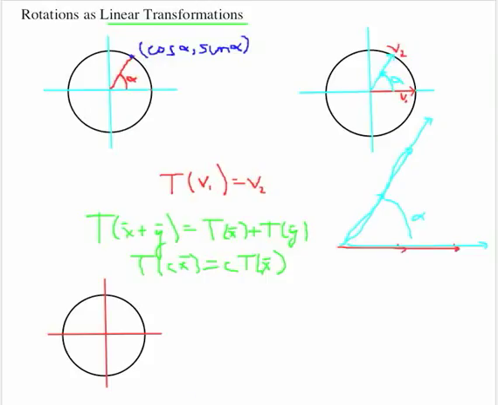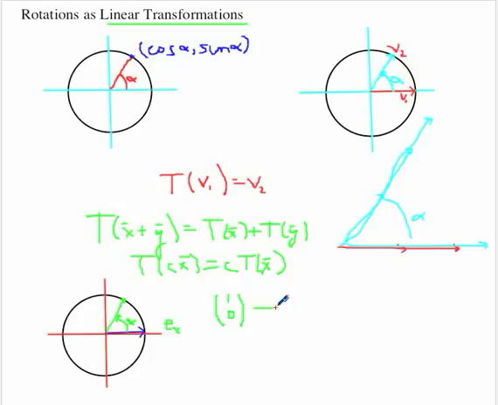So if I take the unit vector along the x-axis, which we generally refer to as E1, or I'm going to refer to it as EX, and rotate it through an angle alpha, then the resultant vector is really just the vector (cosine alpha, sine alpha).